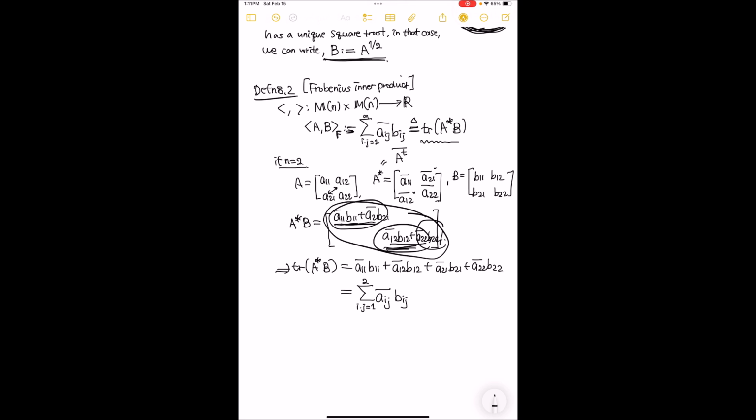And if we think about the Frobenius norm, it is defined like this.